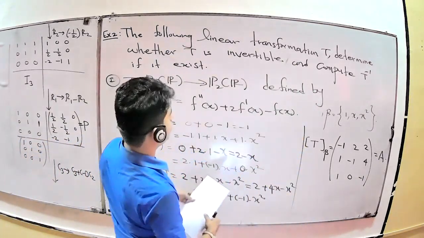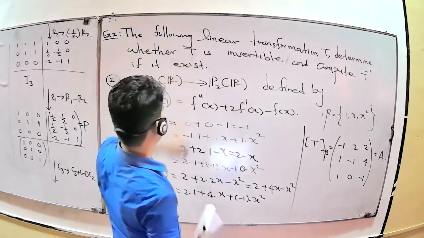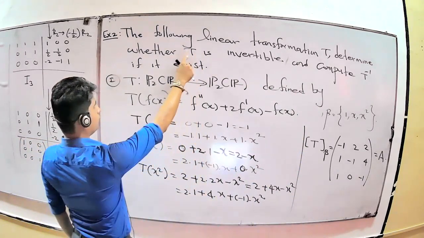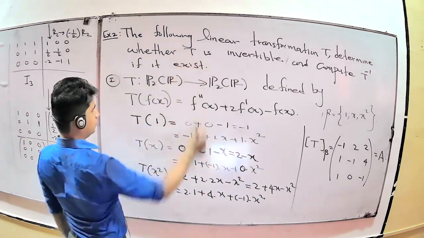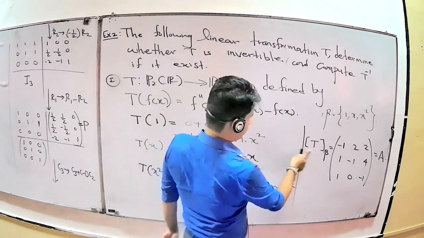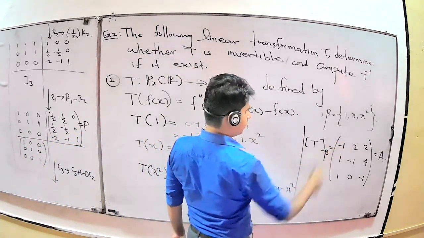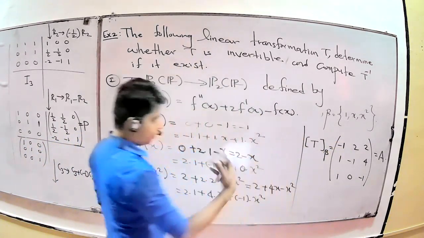Here they asked to prove that T is invertible. T invertible means that the representation matrix T beta is invertible. That means A is invertible. You want to show that A is invertible.